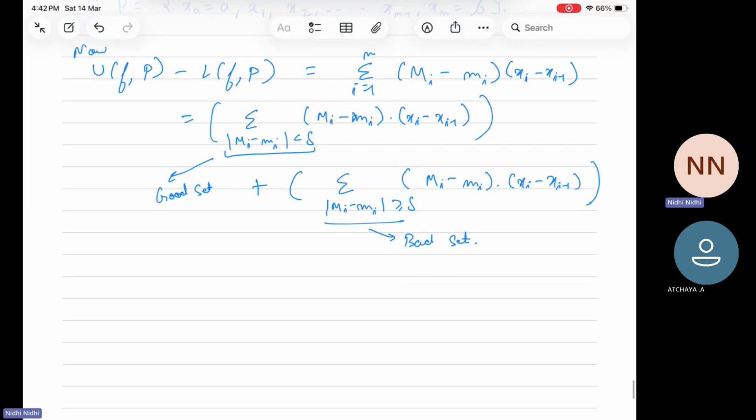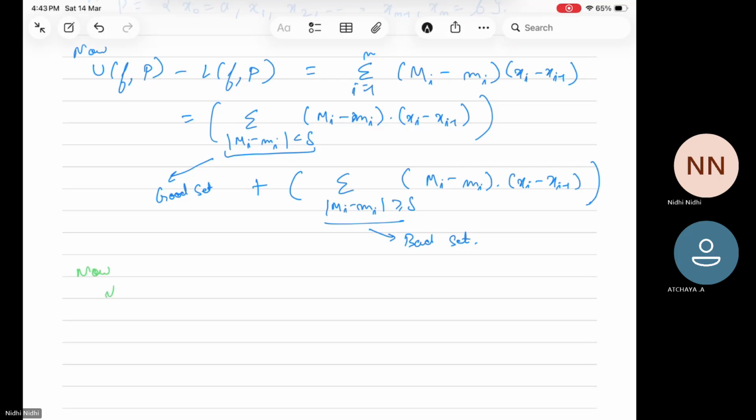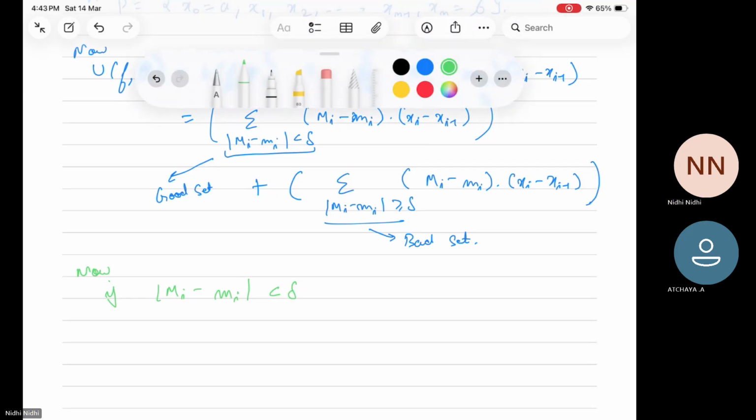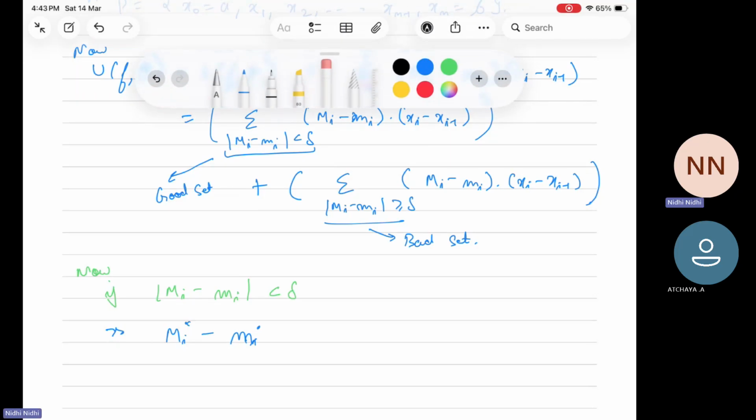So basically, if capital Mi minus small mi is less than delta, then Mi star minus mi star, where Mi star is the maximum for g∘f, will be, so I should explain that.